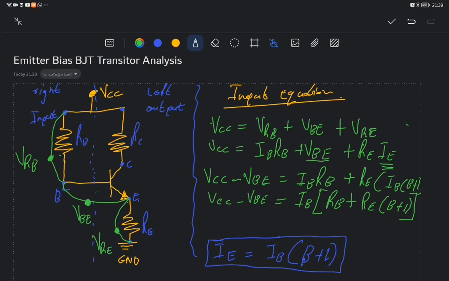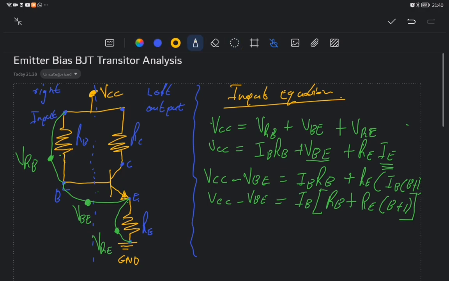Now remember I said always our input equation, the subject of the formula has to be IB. So we're going to make IB the subject of the formula. I'm going to remove that so we have some space.